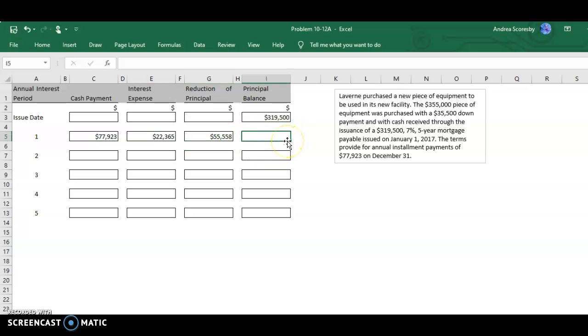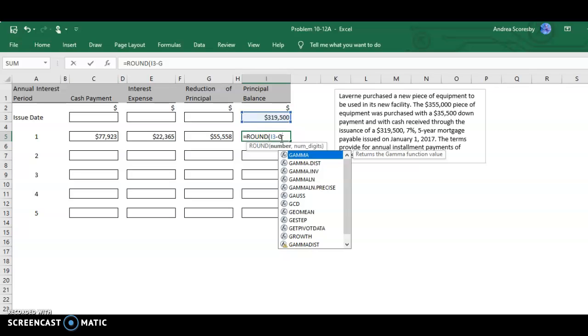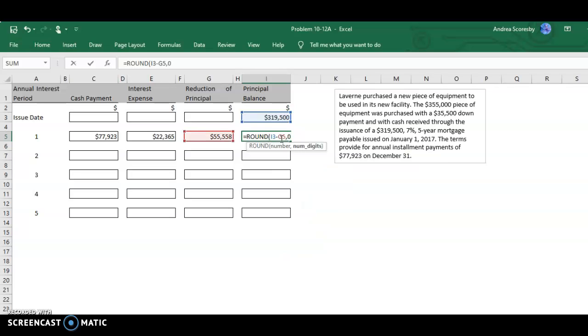So now to find the new principal balance, we're going to take the previous principal balance of $319,500, and subtract the reduction of principal of $55,558. So that gives us $263,942. So now we're just going to repeat that same process for the next row.